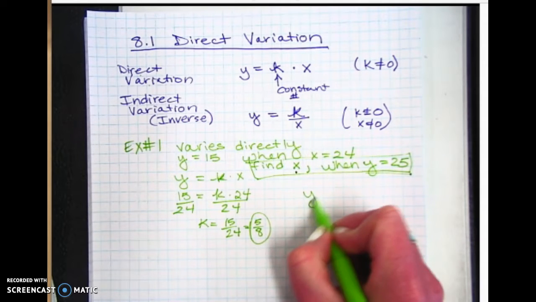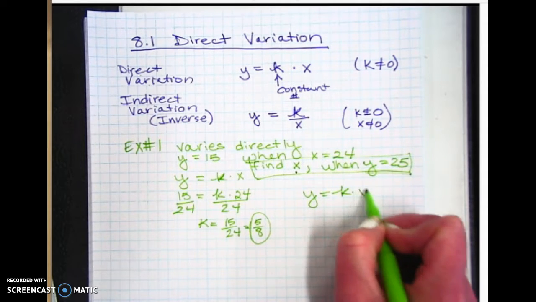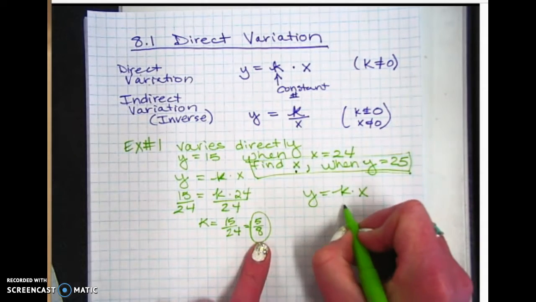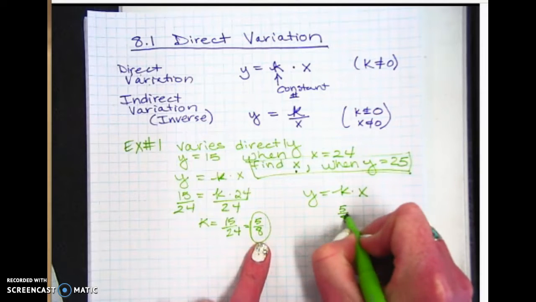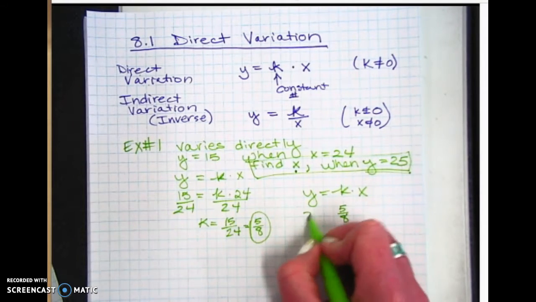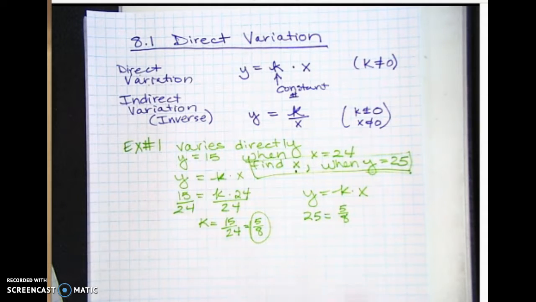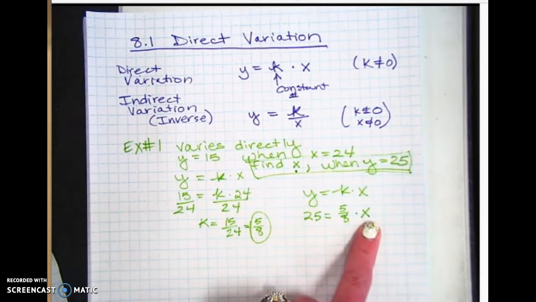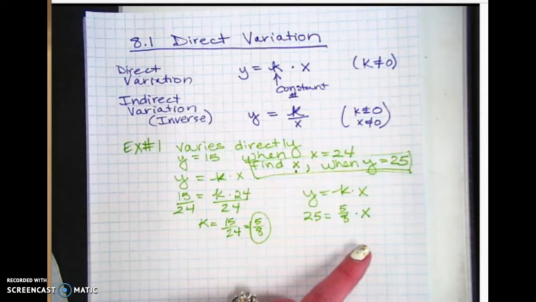So you're going to write the equation again, y equals k times x. You're going to fill in the k that you just found out, so 5/8. And the y that they tell you, so this time it's 25 instead of 15. And this time, the missing variable is x. So this time you're going to solve for x instead of solving for y.